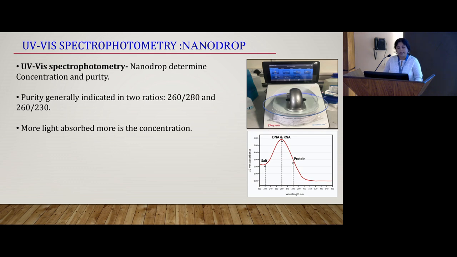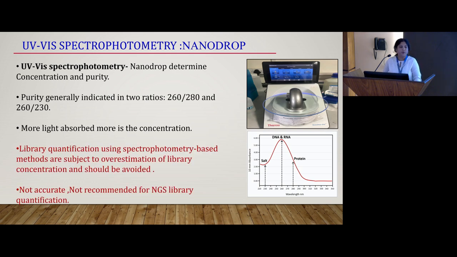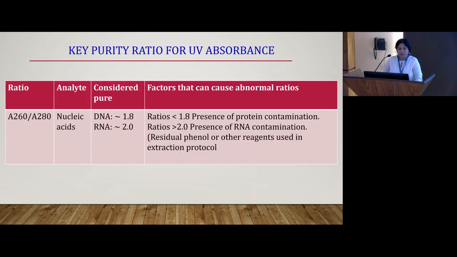The more light absorbs, the more is the concentration. Library quantification using spectrophotometry based methods is subject to overestimating your library concentration and should be avoided. It is not accurate and not recommended for NGS library quantification.